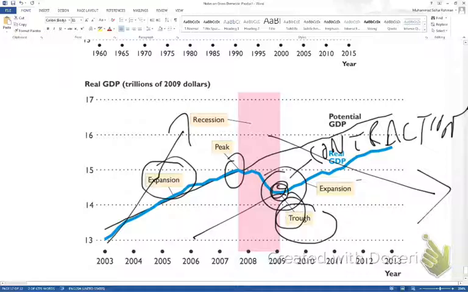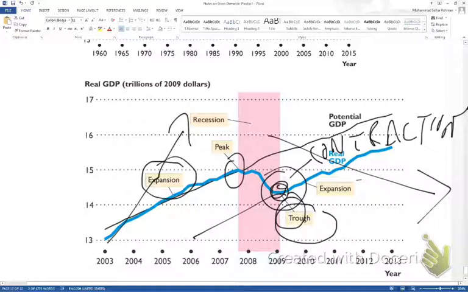So you have an expansion, a peak, a contraction, and then a trough, and that is followed by another expansion. So this is like a cycle. The GDP goes up, reaches a maximum, then starts going down, which we call recession, or sometimes contraction, and then it reaches a minimum and then starts going up.